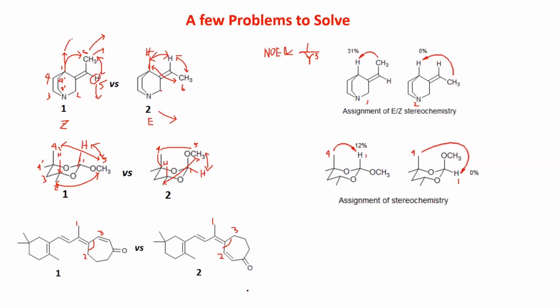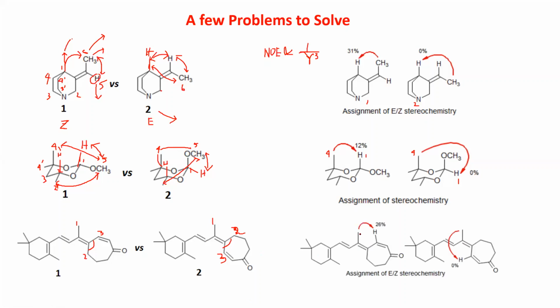1 and 3, right? Sorry, I did it wrong. This is 3, this was 2. If you look at this proton and this proton, they are closer. When you have the other isomer, they are going far away.